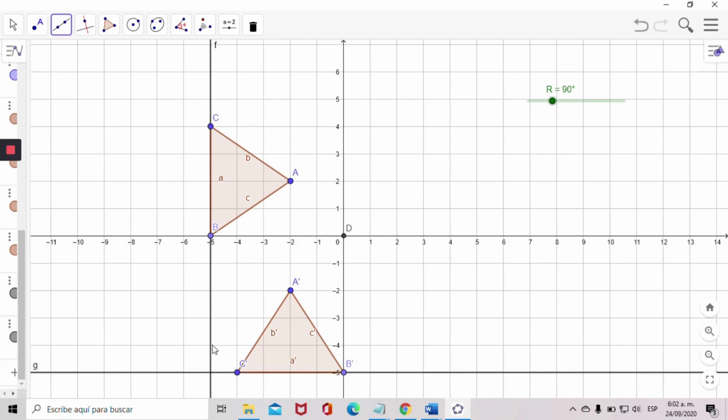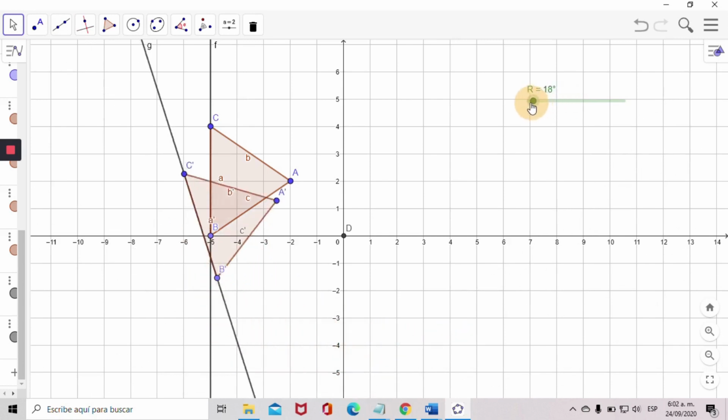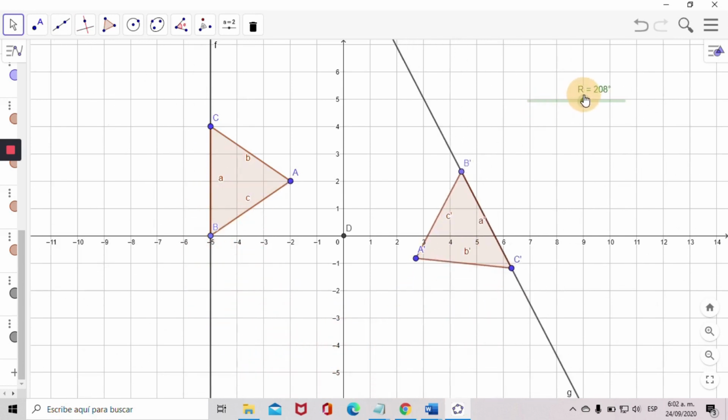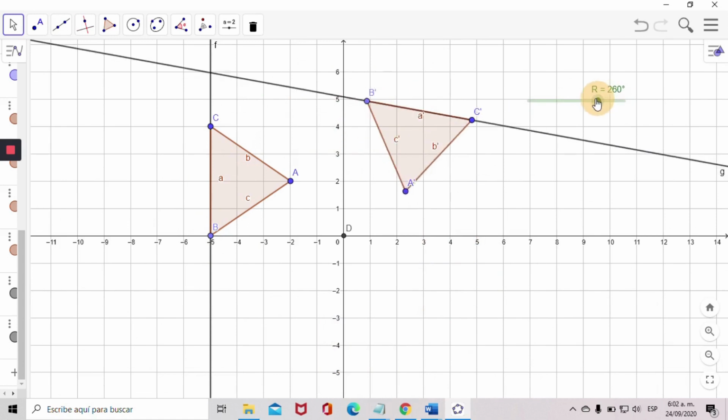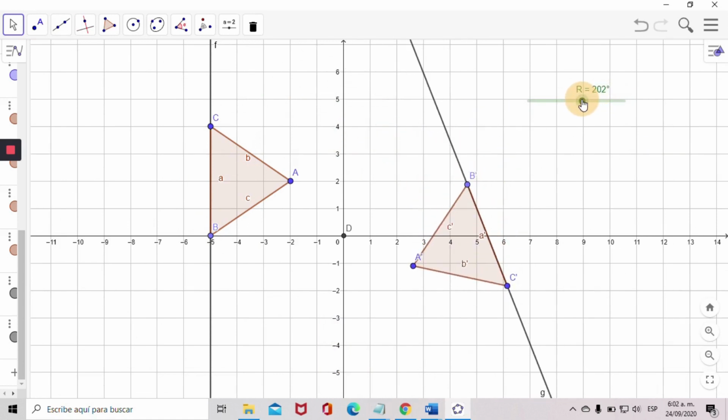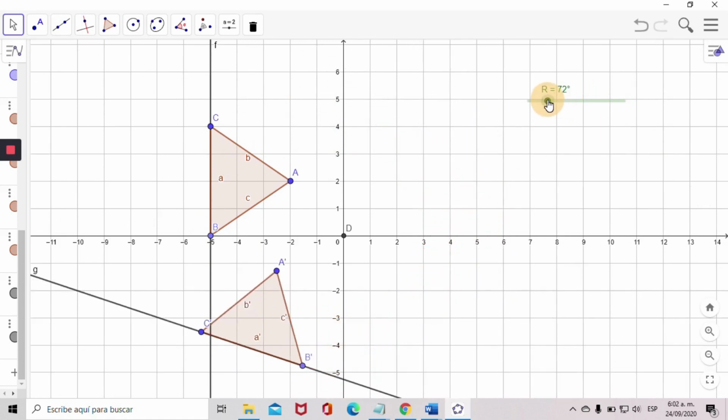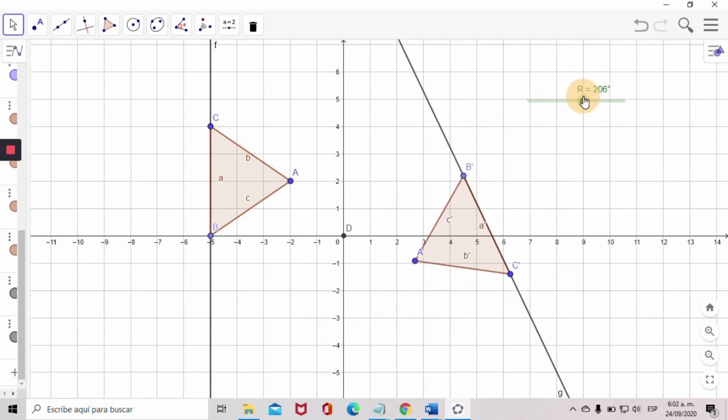This is a right angle, so we can tell that this is being rotated 90 degrees. This slider is a fantastic tool for you to play with, to learn with, because it allows you to understand how this is working for real.